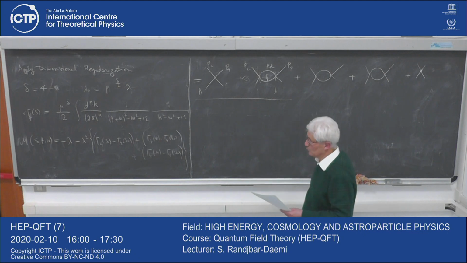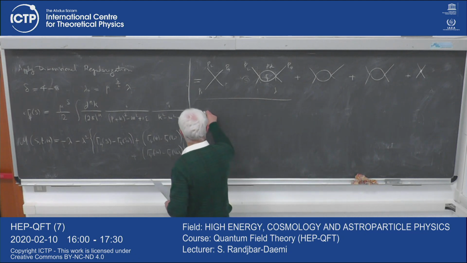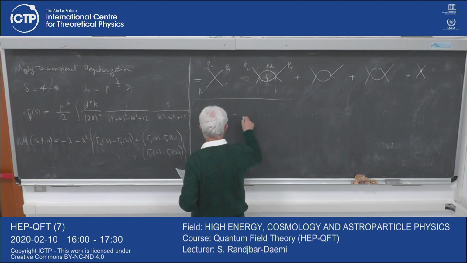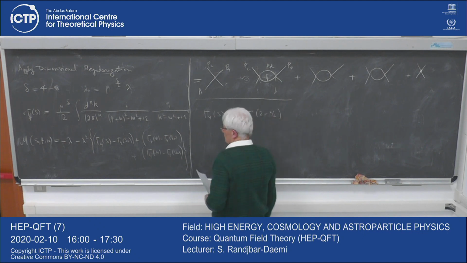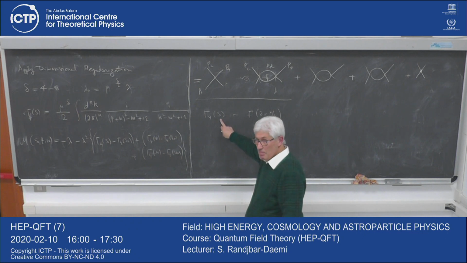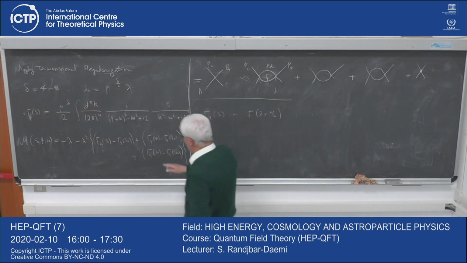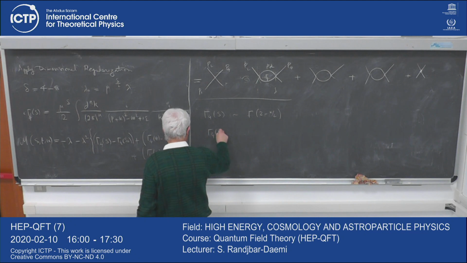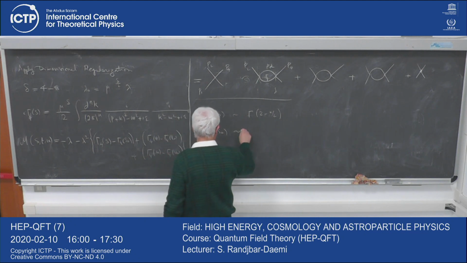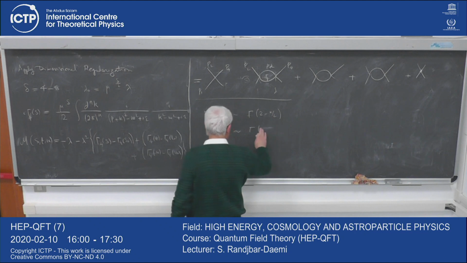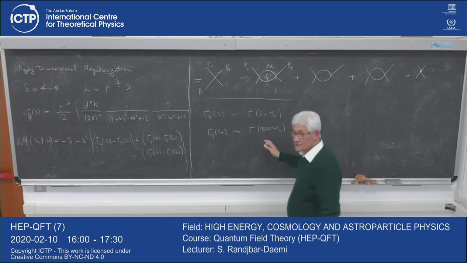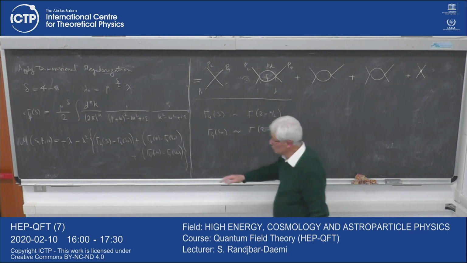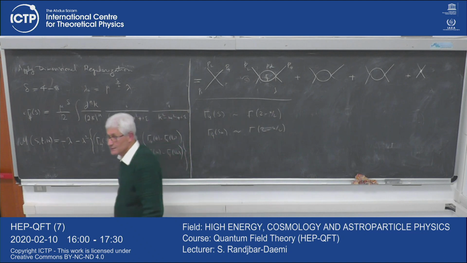I'm just giving you the result. Why is this finite? It's finite because gamma for S, as we shall see in a minute, will have a divergent part that is independent of S. And therefore, evaluated at any value of S, it will have the same divergent part. So if you take the difference, the divergent part will disappear. So this is bound to be finite by construction.